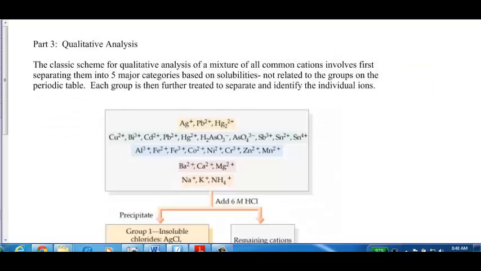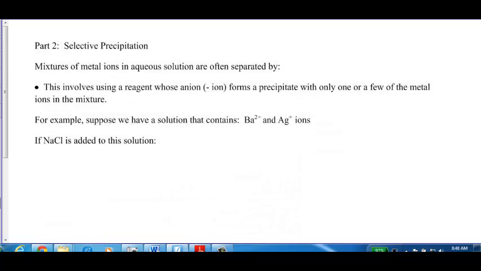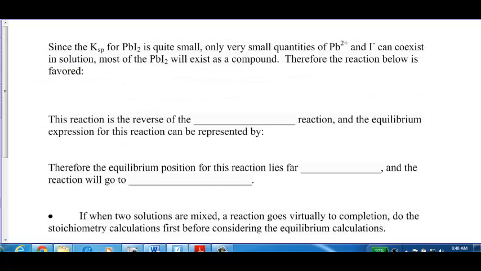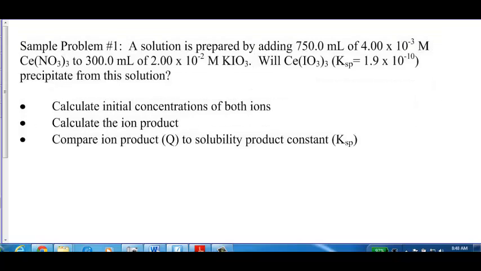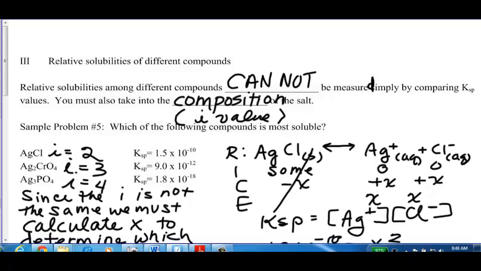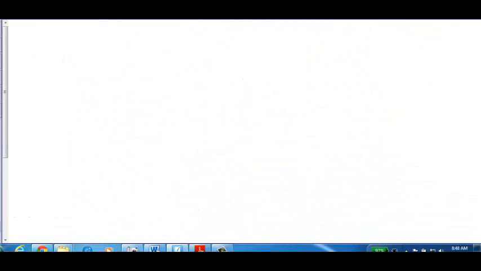No? That was complex ion. Common ion. All right, that's okay. We'll wing it from here.